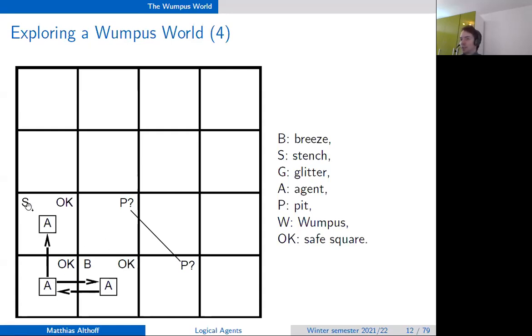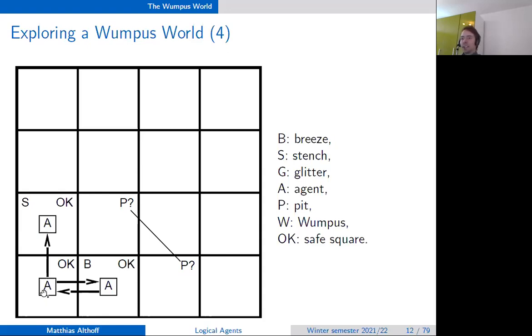And there we have perceived the stench. And so that means that the Wumpus could be somewhere. So now that we have a stench here, can we say exactly where the Wumpus is, or do we have to check further? Yes, people say yes. Can you maybe type the coordinates? First one number is the x coordinate, the second is y. 0,2, yes, if you start with 0.